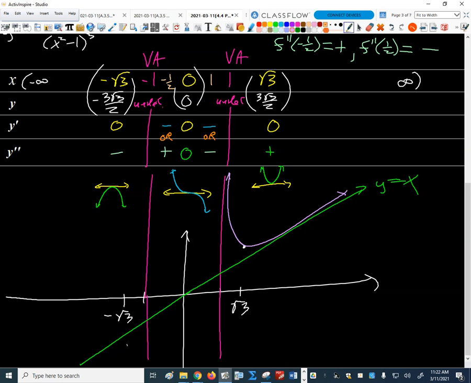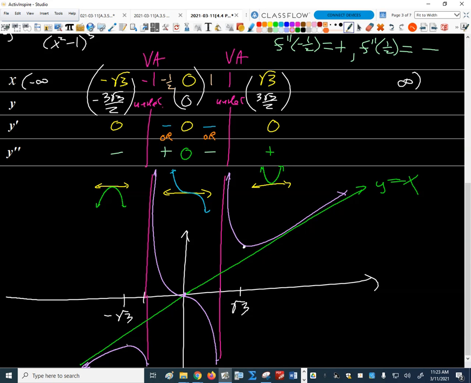And then over here on this side, if it's a maximum, and I've got to adhere to these asymptotes, it's going to do that. And in the middle, it's going through the point 0, 0, and it's an inflection point going from positive to negative. So it looks like that.